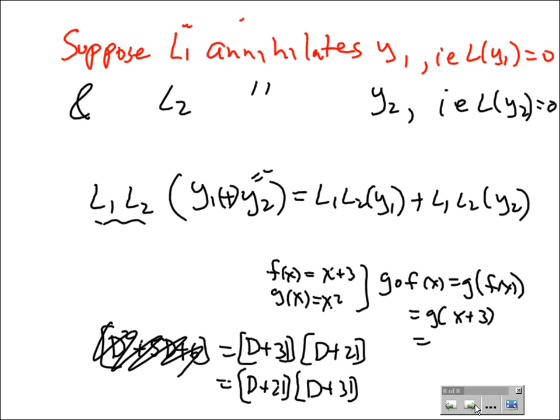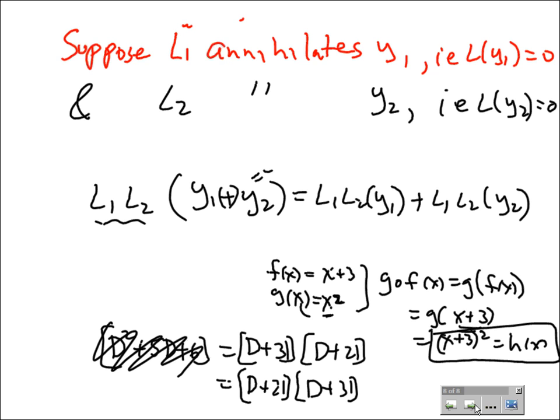And I know what g does to whatever is in the bracket. g takes what's in the bracket and squares it. So I get x plus 3 squared. But that's the function. If I said initially h of x is x plus 3 squared, you would go, okay.